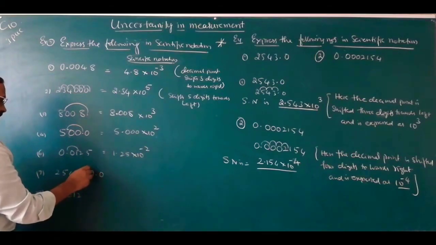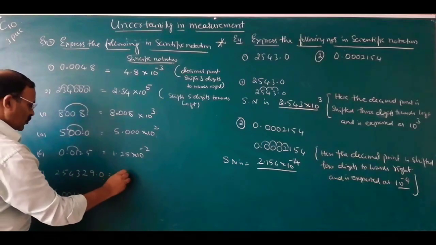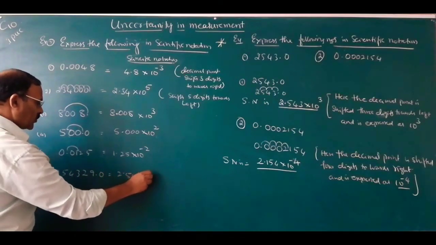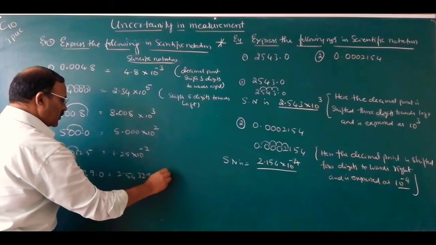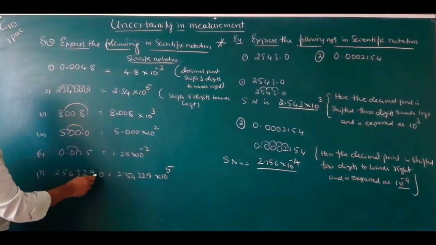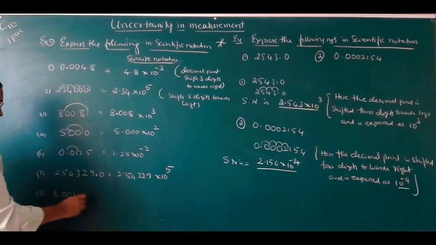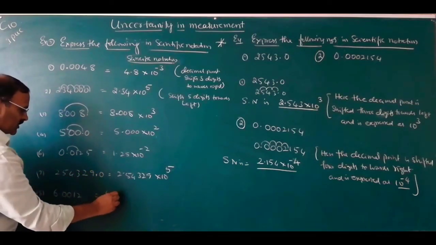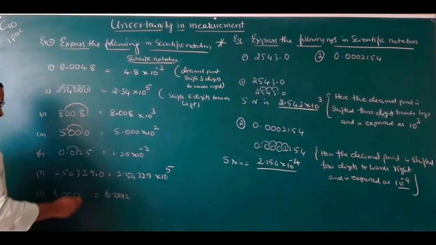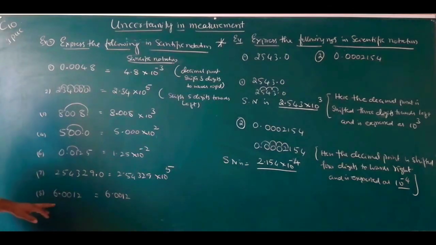Here it is 1, 2, 3, 4, 5. So this equals 2.54329 into 10 to the power of plus 5. Here, 6.0012: the decimal is already after the first digit, so it cannot be simplified further.